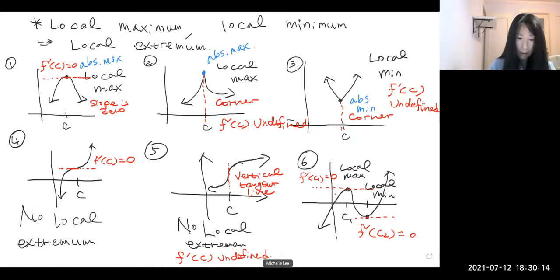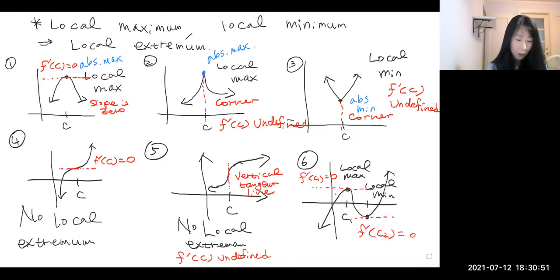Okay, all right. Then remember this, the first one, the fourth one, and the sixth one, we get f prime of c equal to 0, right? But number 1 and number 6 have a local maximum and a local minimum, right?